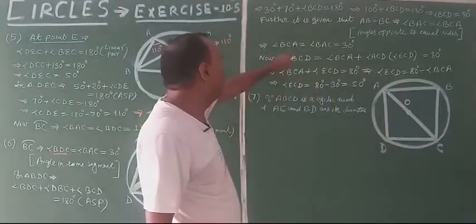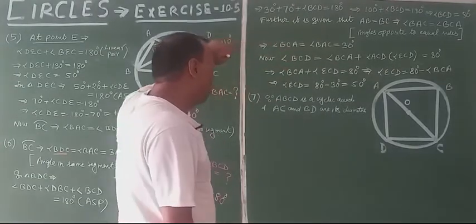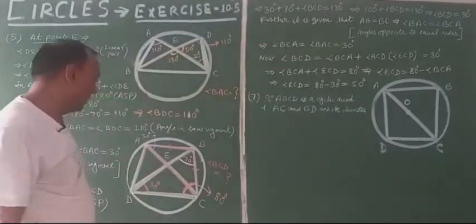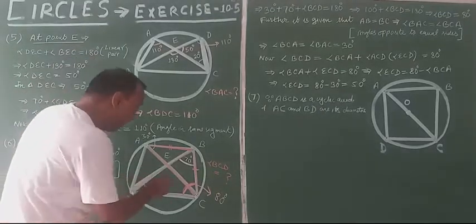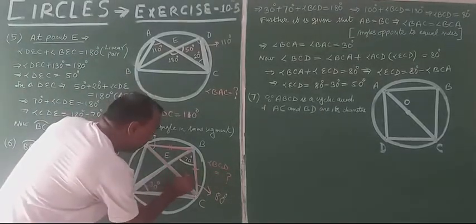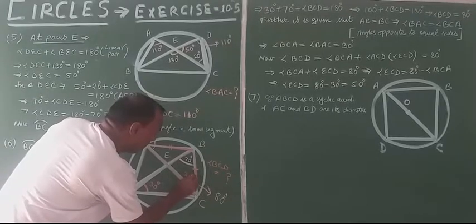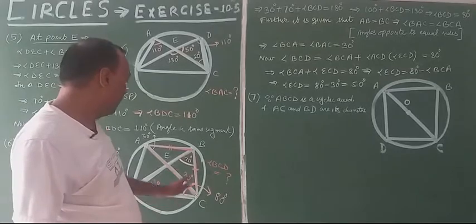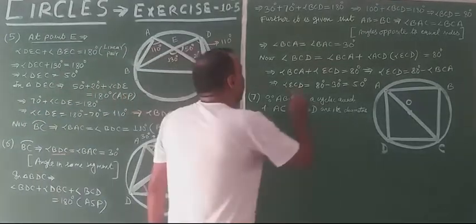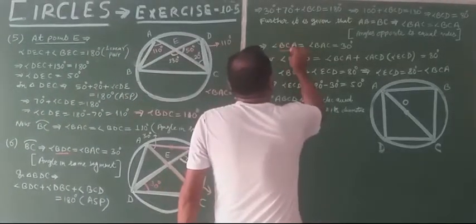So angle BCA will be equal to angle BAC, and this will be 30 degrees. What is the value of angle BCA? That is 30 degrees.